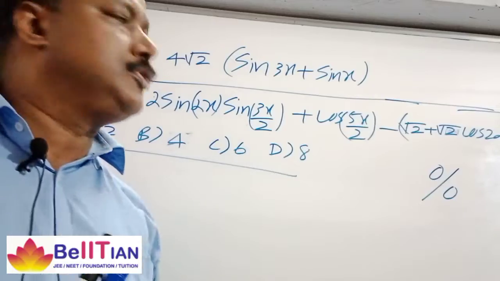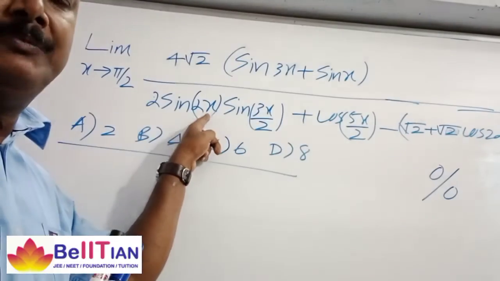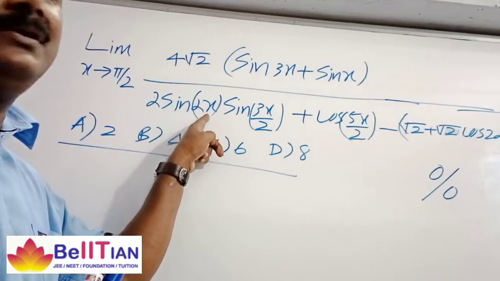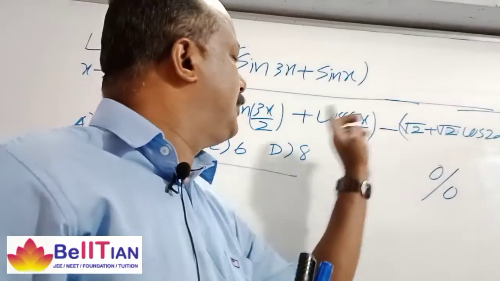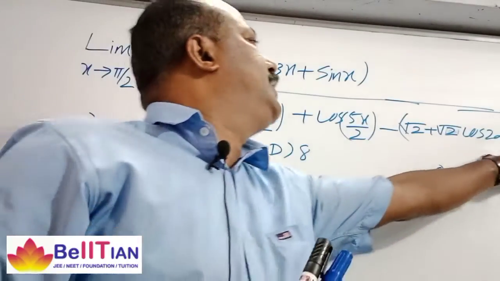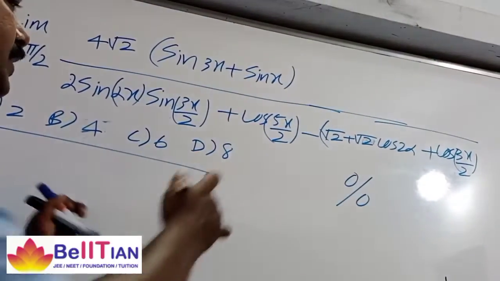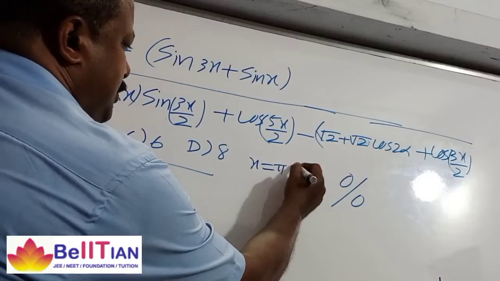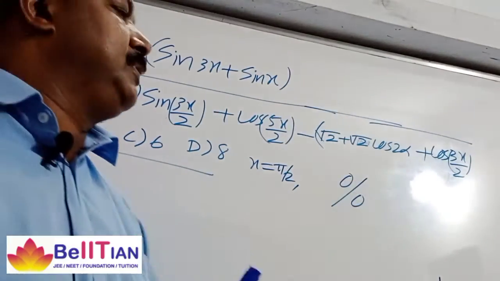In the denominator, sine 2x is sine pi, which becomes 0, and here the two terms get cancelled, so this becomes 0. So if we substitute x is equal to pi by 2 directly into this rational function, we get 0 by 0 form.